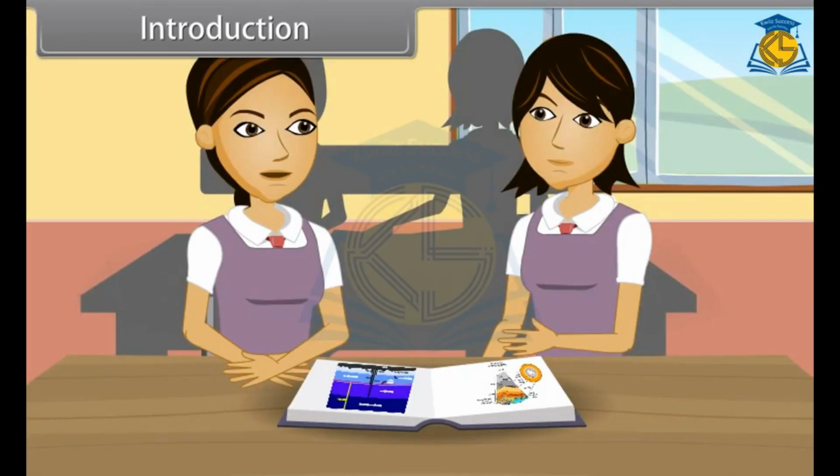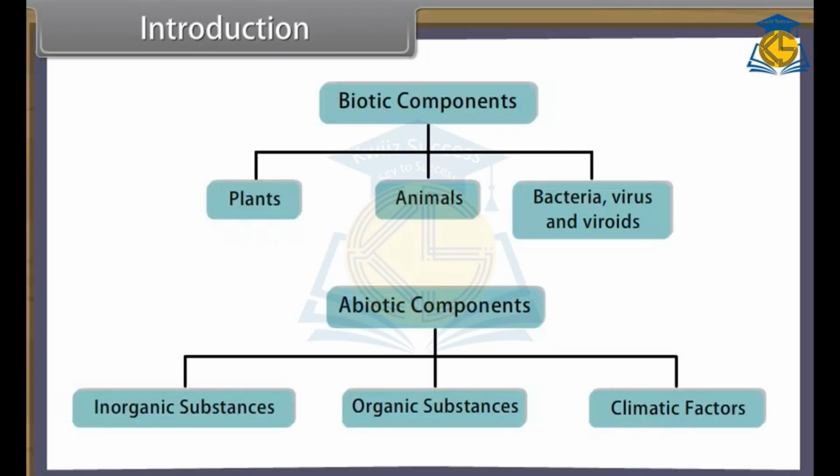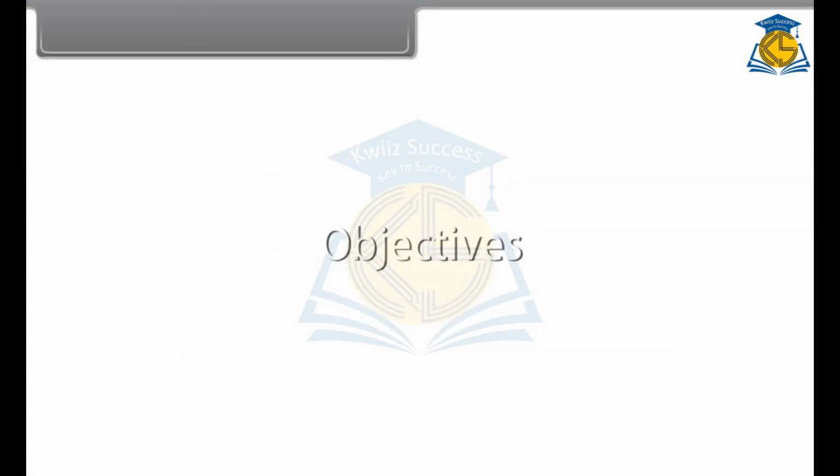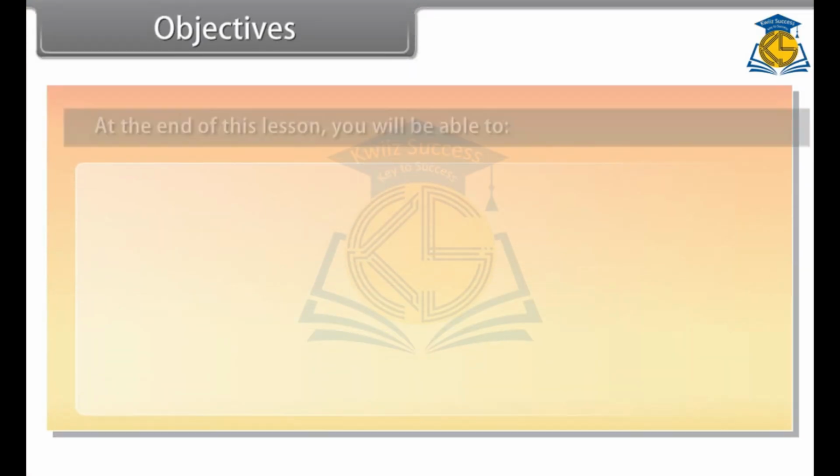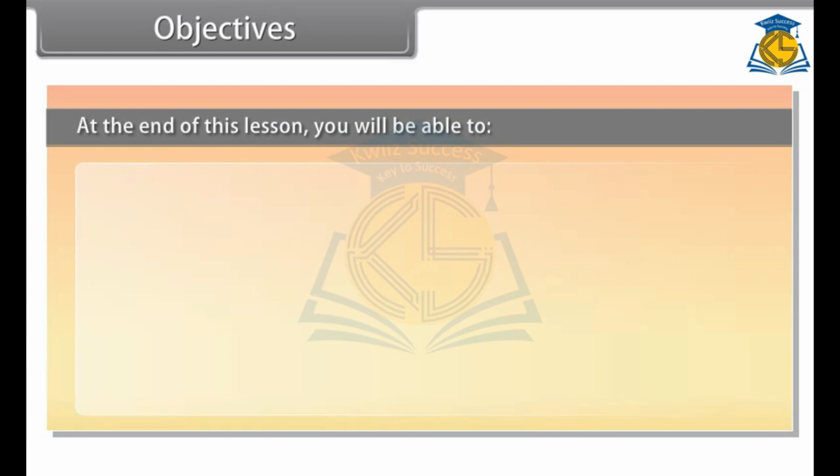So we can say biosphere is formed mainly of two components: biotic components, all living things; abiotic components, air, water and the soil.